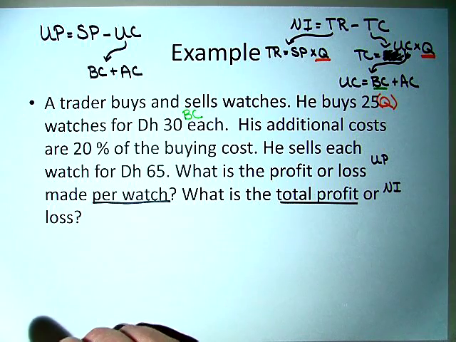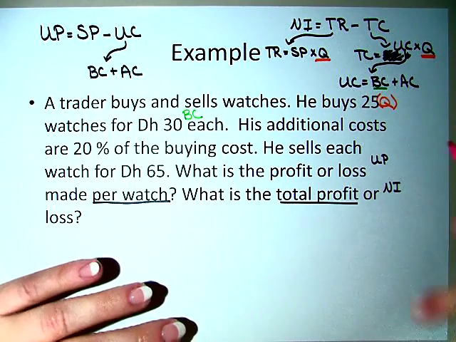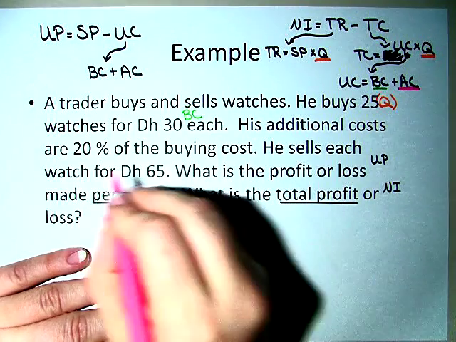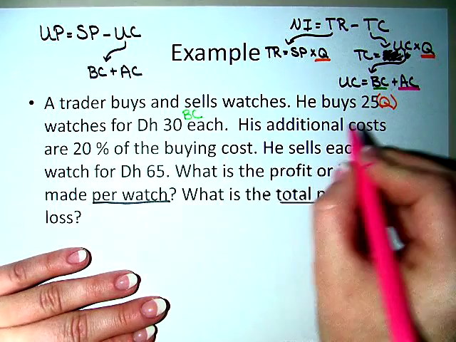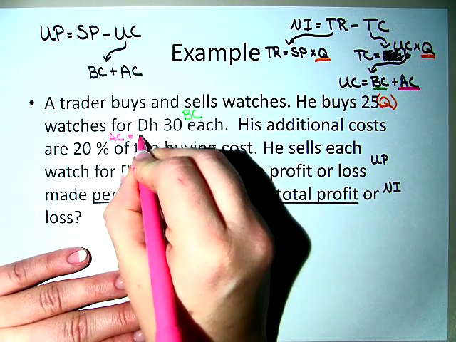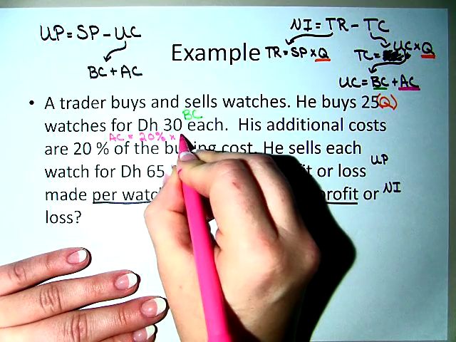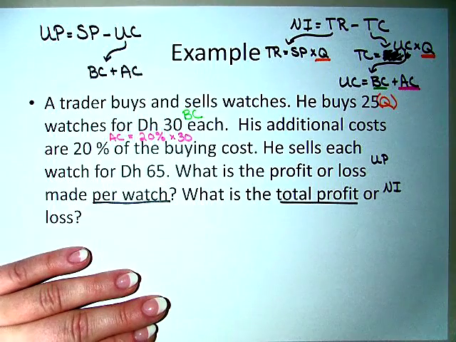Okay. His additional costs are 20% of the buying cost, which is 30.